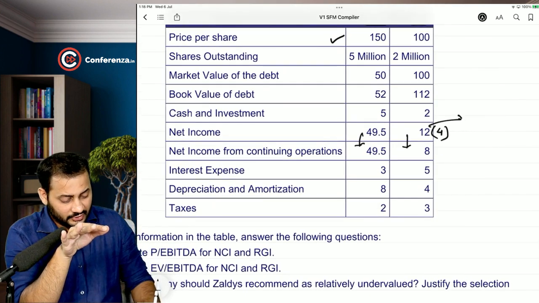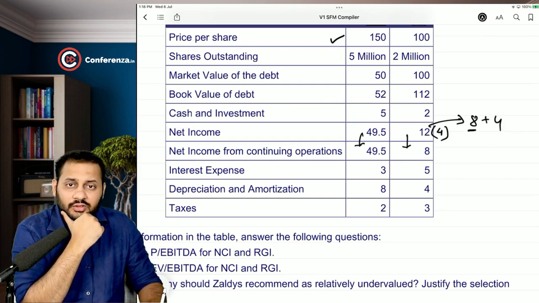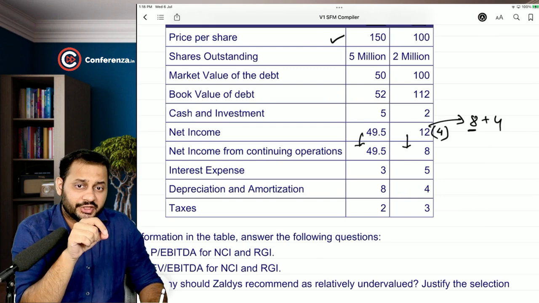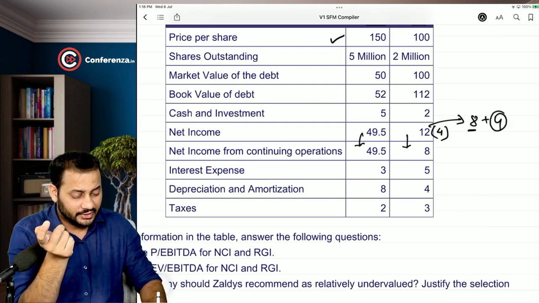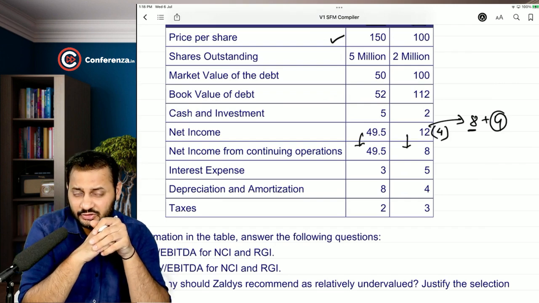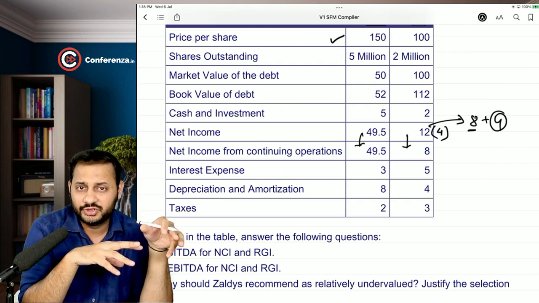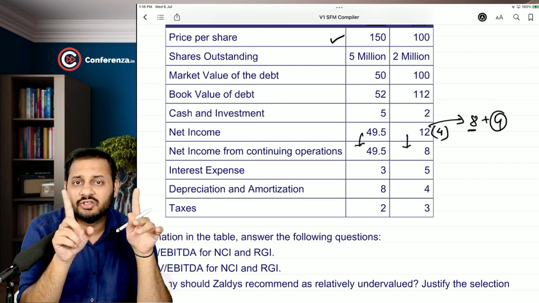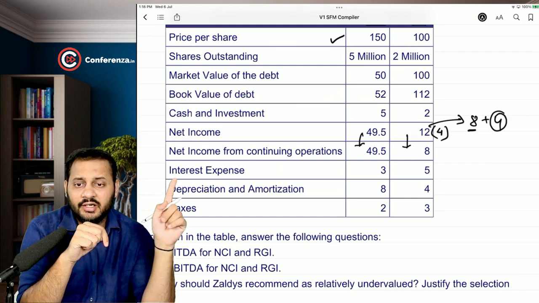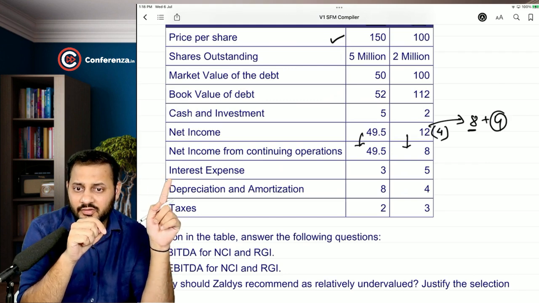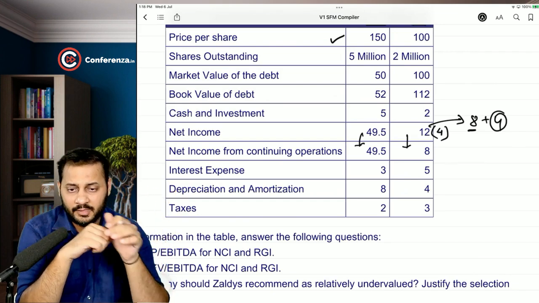So 12 is the total of 8 plus 4. 8 is the income from the operation which will be continued next year also, but 4 is the income from such a business which is discontinued now. So for the future reference, 12 is not important. What is important is 8. Interest expense 3 and 5, depreciation and amortization 8 and 4, taxes are 2 and 3.